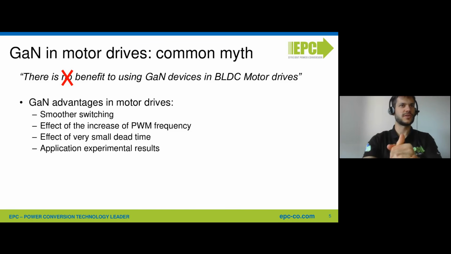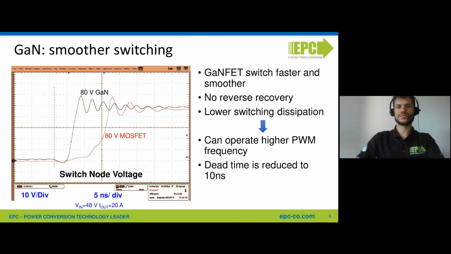We'll show that this is not the case. There are positive effects on the overall system due to the increase of the PWM frequency. There are also effects due to the reduction of the dead time, and we will also show some of the tests that we have done in our lab.